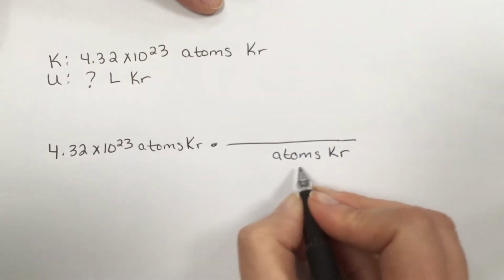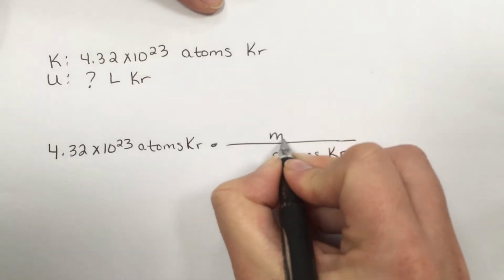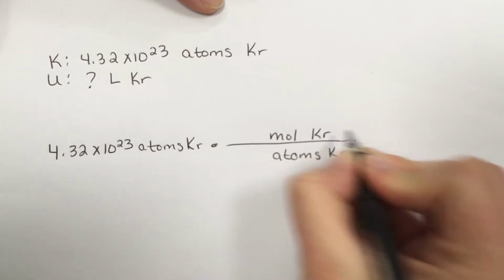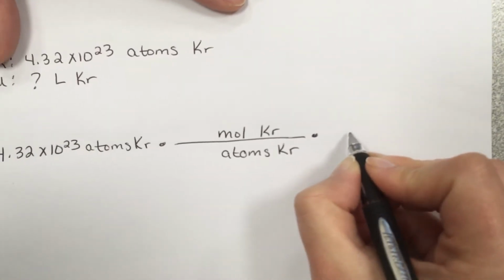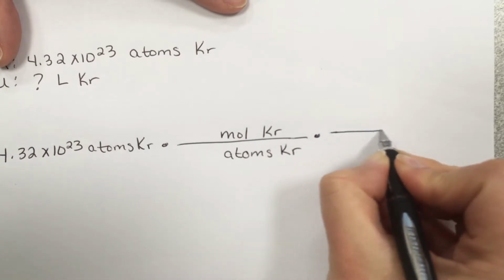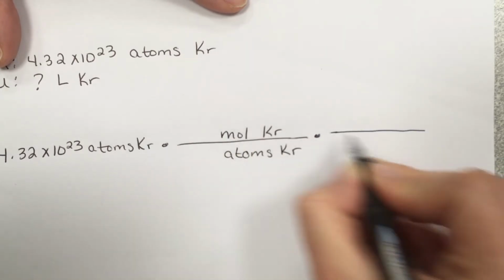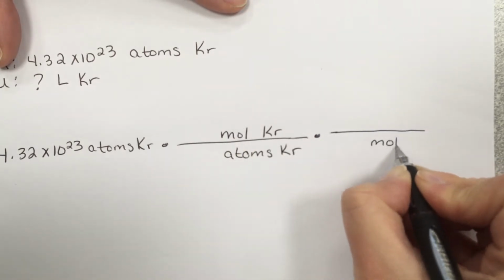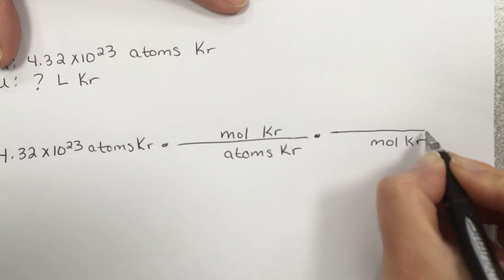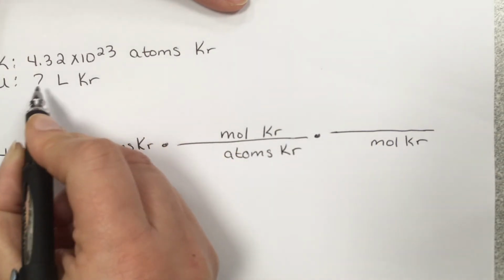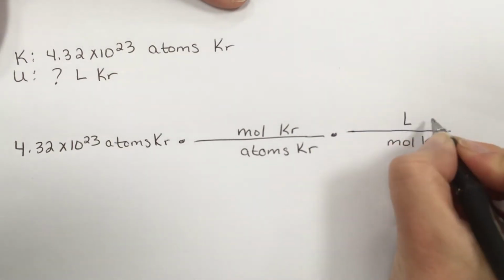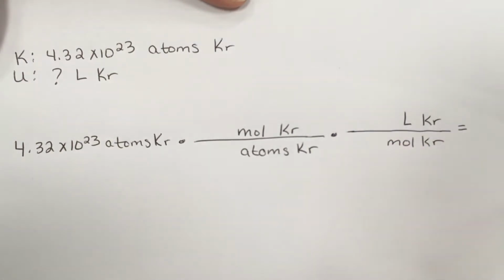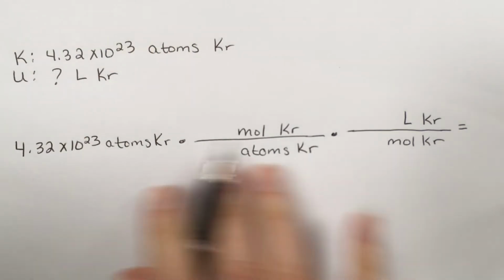So from here, we need to go to moles. And then our next step will be moles. If it's moles up here, we'll have moles down here, moles of Kr. And our unknown, we're trying to get to liters, so we will need liters of Kr. Okay, so we just need to fill in the numbers.